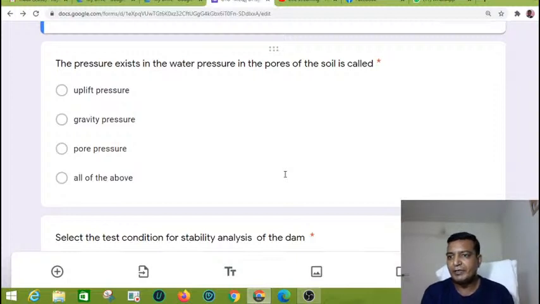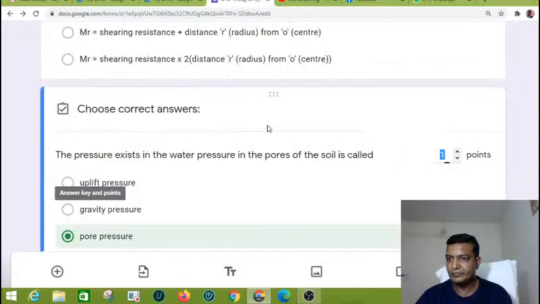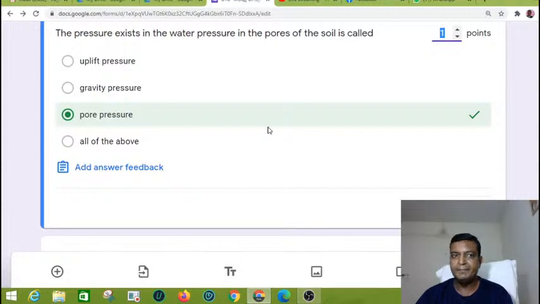Write your opinion in the chat box fast, so that I can move on. The answer is C, the right answer, and that is pore pressure.